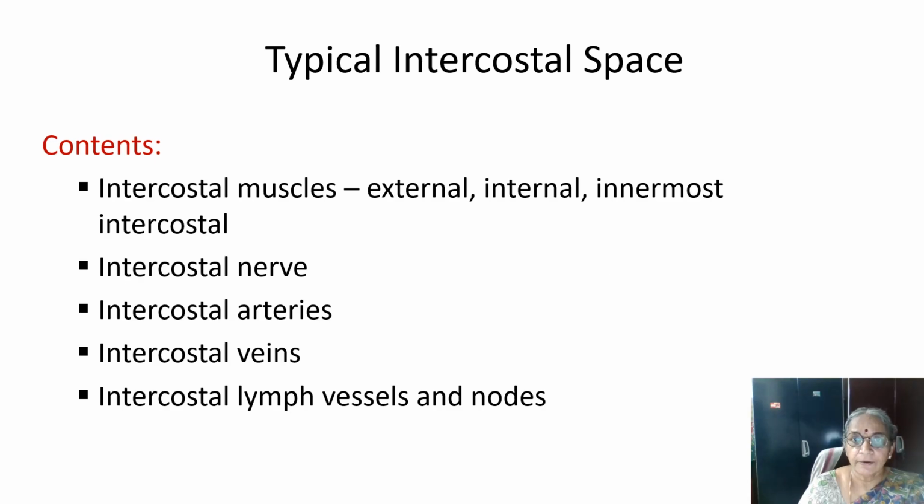The contents of the intercostal space are the three intercostal muscles, the external, internal and innermost intercostals, intercostal nerve, intercostal arteries, intercostal veins, intercostal lymph vessels and nodes.